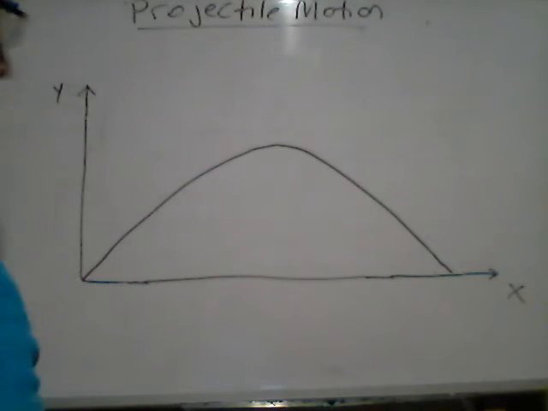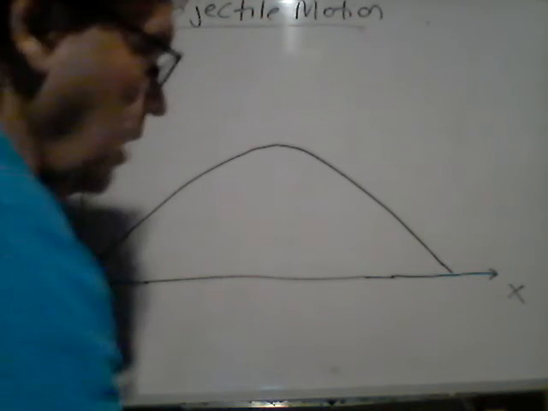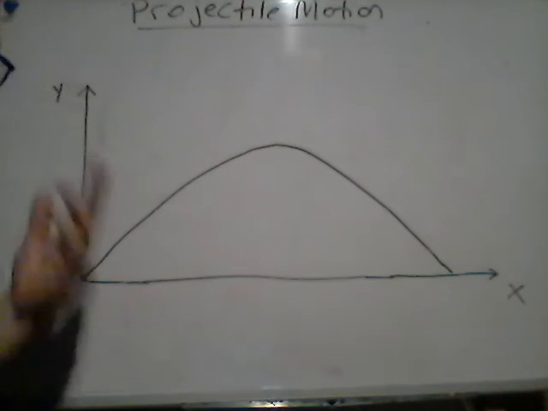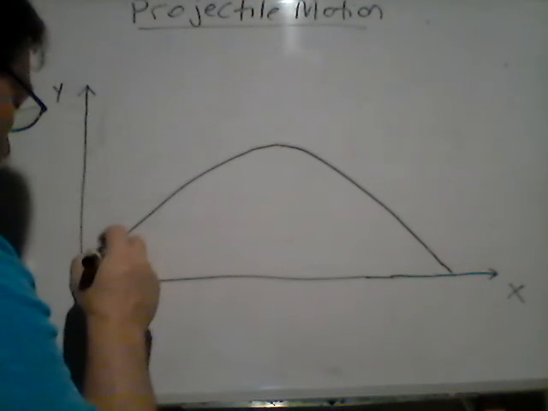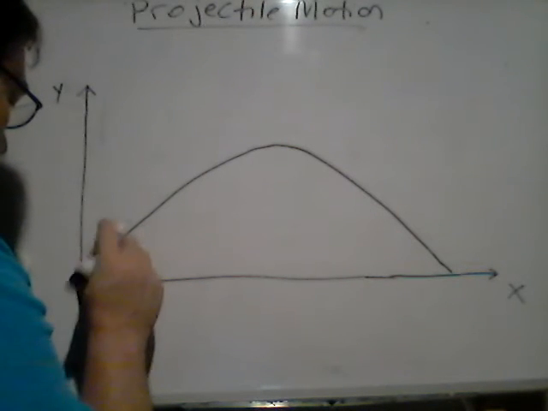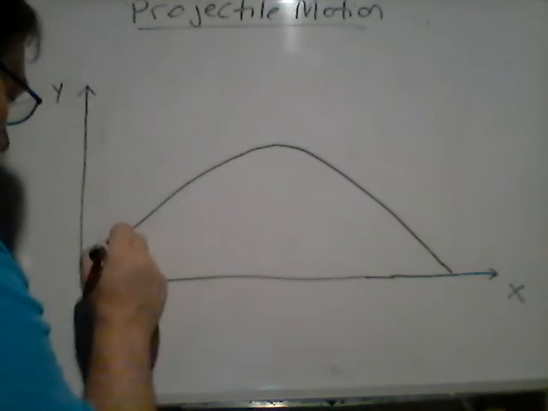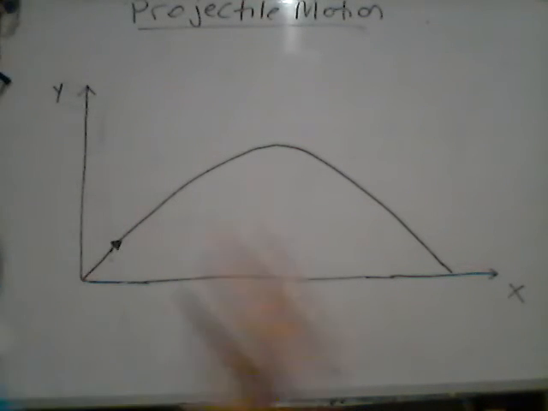Okay, so free fall. Let's just talk about the y component first. So free fall is going to look like what? Well, first of all, whatever we're talking about here, for instance, maybe it's a cannonball being shot, or a gun being shot at a certain angle, or maybe a baseball being hit.